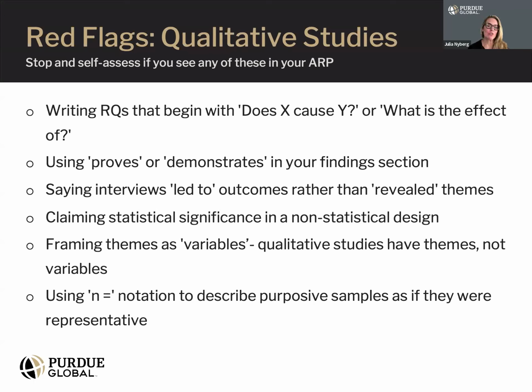Finally, using n equals anything to imply representation misunderstands purposeful sampling. In qualitative research, say 8 interviews, that may be exactly right for saturation, but it's not a representative sample in the same statistical sense. Okay.